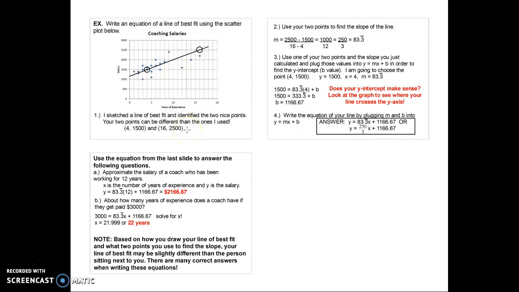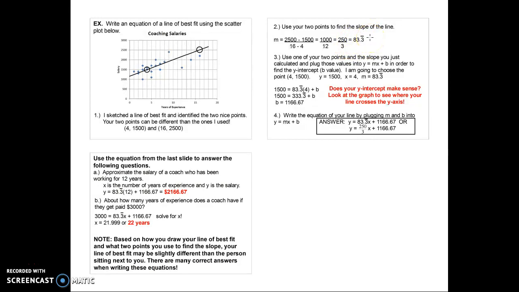Okay. Now, once we have those two nice points, the first step is to find the slope. So we take our y2 minus y1. I'm taking my y values and subtracting them: 2500 minus 1500, divided by, and I subtract my x values, 16 minus 4. When I reduce my slope, I'm going to get 83.3 repeating.